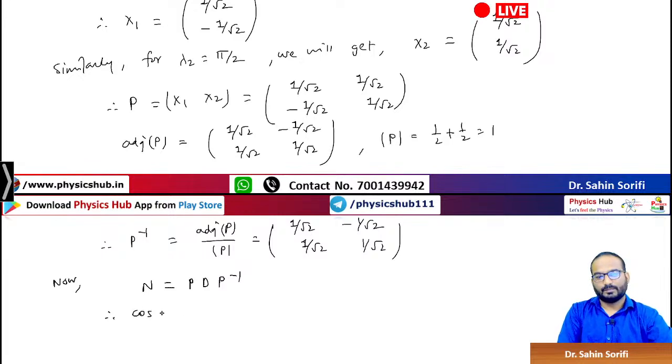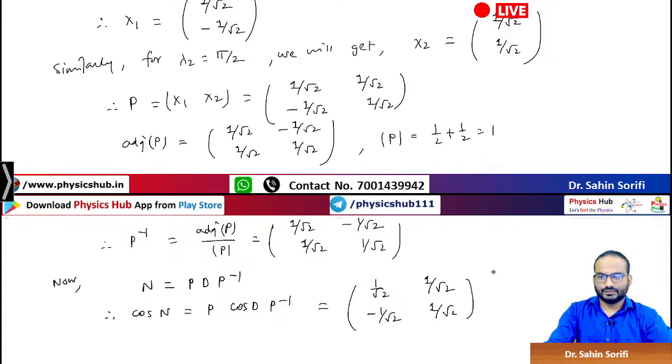Cos of pi M by 6 is P cos D P inverse, which is 1 by root 2, minus 1 by root 2, plus 1 by root 2, 1 by root 2, cos D.